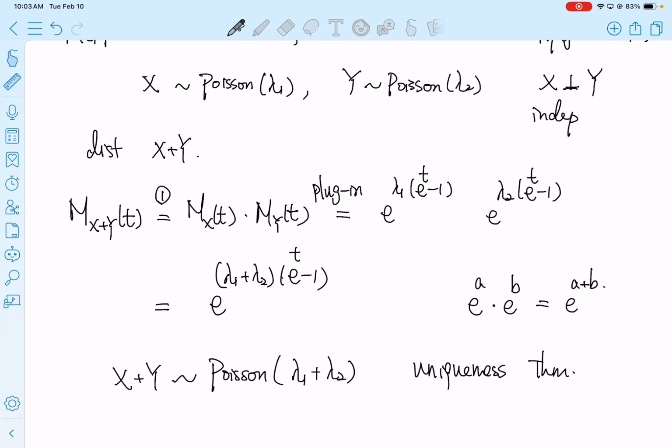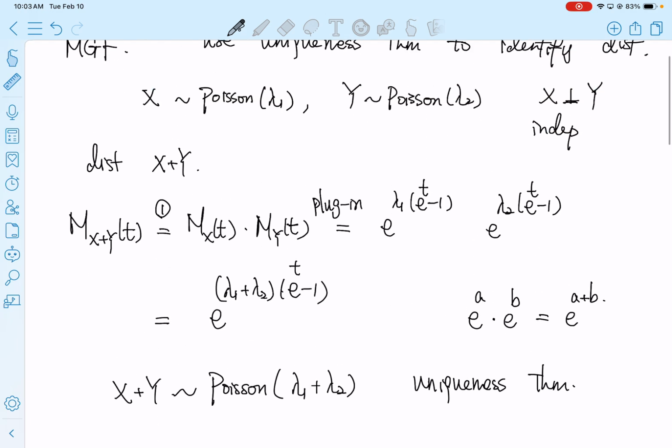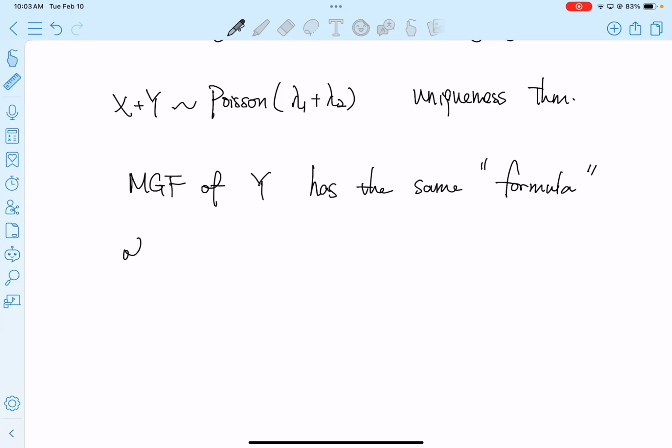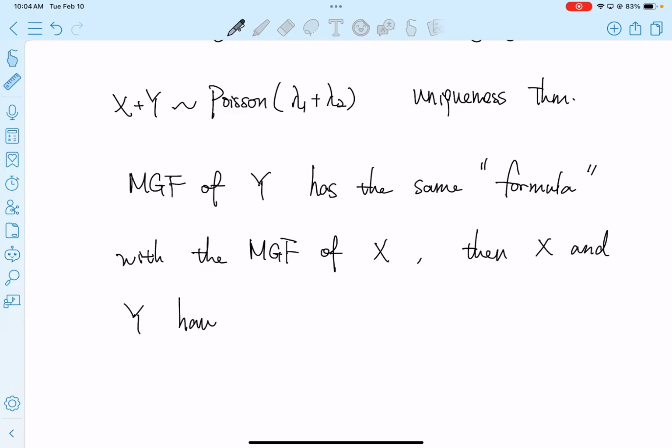Can you remind us what the uniqueness theorem says? Yeah. So basically, if the moment generating function of some Y has the same formula as the moment generating function of X, then X and Y have the same distribution.